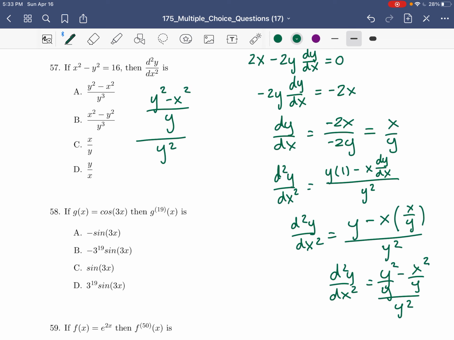So we don't want a denominator in a denominator, meaning this is really going to equal y squared minus x squared over y times 1 over y squared, which just equals y squared minus x squared over y cubed, which makes the answer A. If you get to something like this and you don't know how to simplify it, plug in some points and see which one matches.